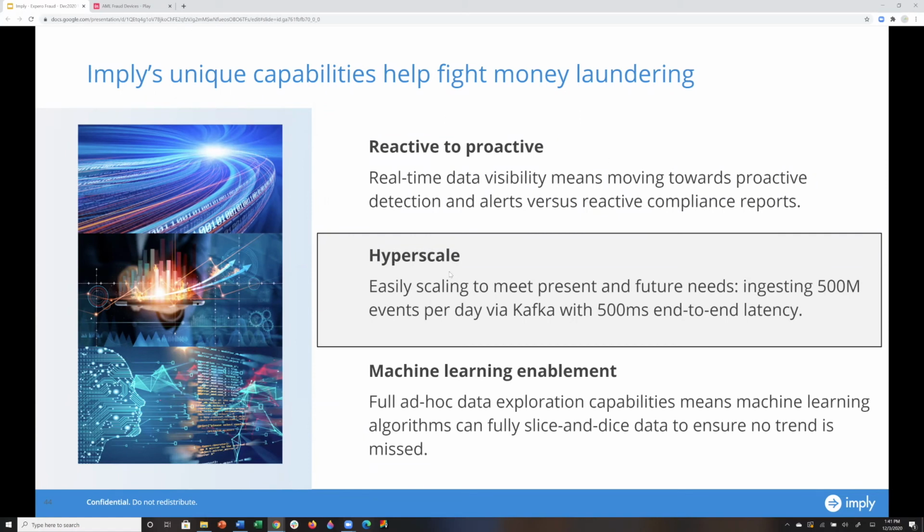And they have the system in place to have a better detection mechanism where there are fewer false positives and fewer false negatives. And then we could scale their transactions on a day per day basis, a minimum of 500 million events per day. We have customers who even go to a trillion events per day, ingesting data from Kafka with 500 millisecond latency end to end.